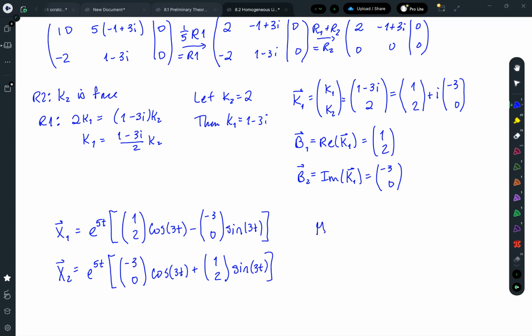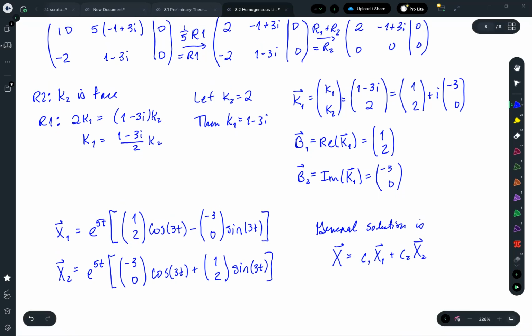And the general solution, I won't write it out, but I'll just point out that the general solution is x equals c1x1 plus c2x2. Okay? And that is all I have.